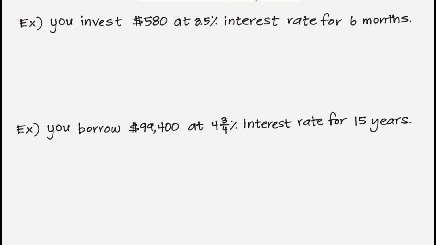This next one says that you invest, again, $580 at 3.5% interest rate for, get this, 6 months. So I want you to pay attention to that. So let's use our formula again. Capital I is equal to P times R times T. So the principal is $580. The rate as a decimal is 0.035.